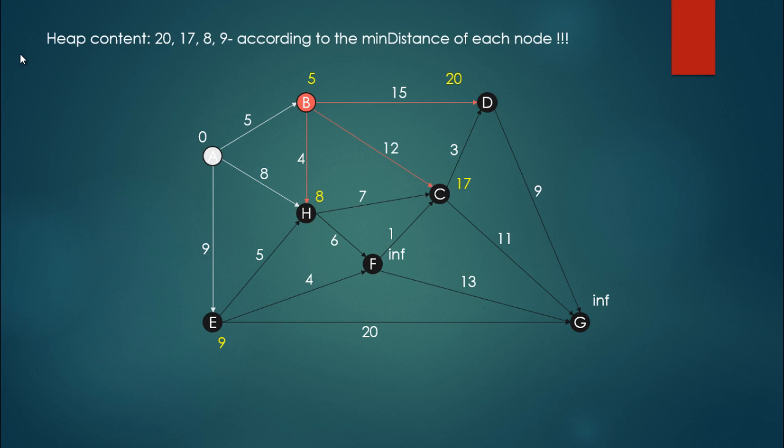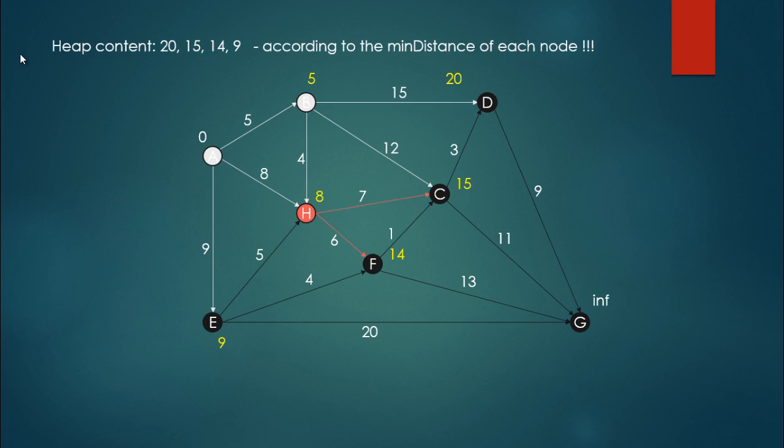And in the previous step, you can see that here the C has the value 17, but we keep iterating, and if we find a shorter path, we keep updating our vertices accordingly. So here 15 is smaller than 17, and that's why we are going to update the value, and this value is going to represent the minimum distance from the start vertex, which is A, to the given node, which is, for example, here C.